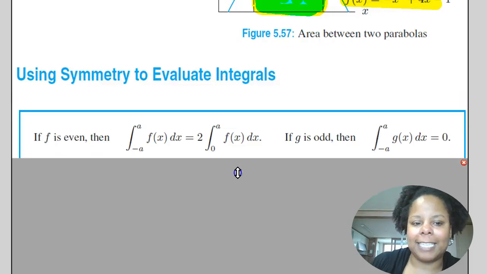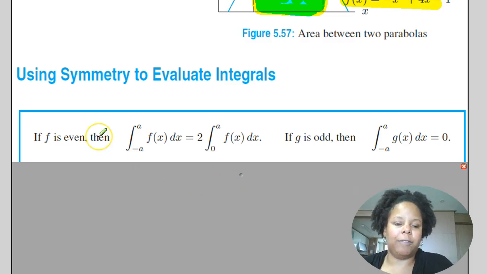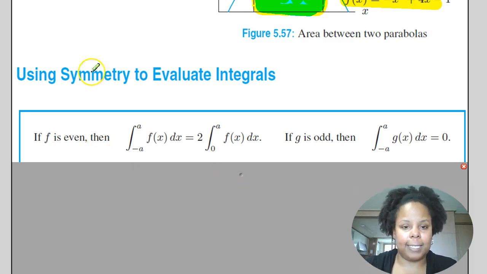And the last thing is we're going to use symmetry to evaluate integrals. Remember, even functions are symmetric about the y-axis, and odd functions are symmetric about the origin.